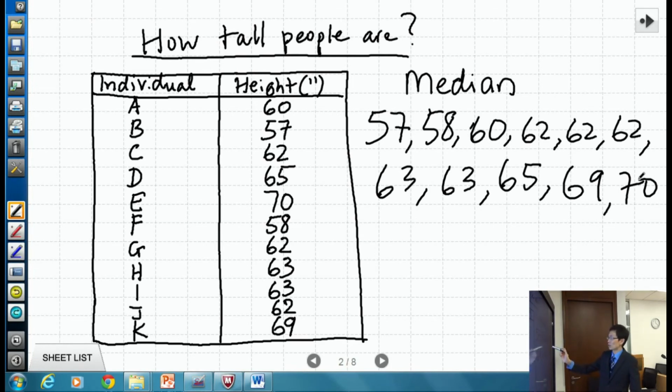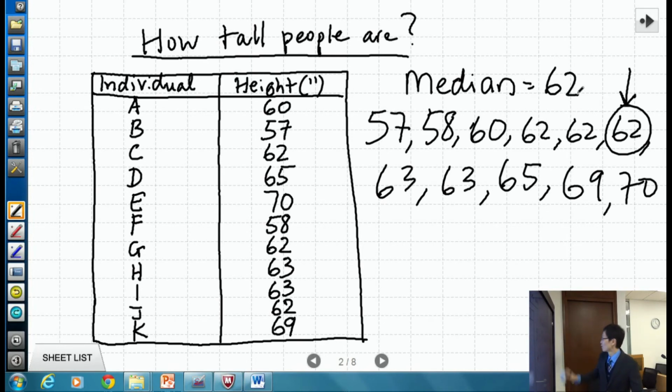What is the middle score in these 11 scores? It will be here. 1, 2, 3, 4, 5. Here, this is the middle score. 1, 2, 3, 4, 5. So 62, this score is the median of this distribution. So for our data here, we can say that the median would be 62.